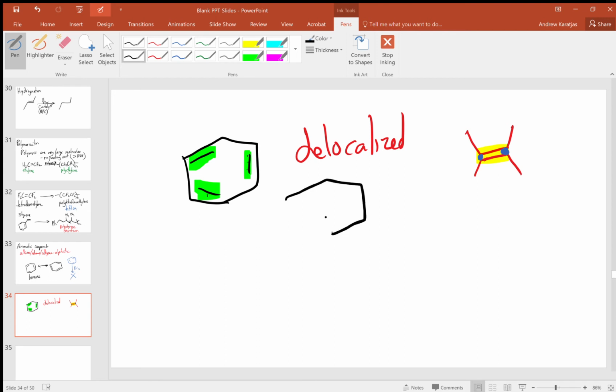And those 6 electrons, and sometimes we draw benzene in this way, to designate that those 6 electrons are shared by the entire ring. And one of the ways that chemists were able to prove that, in addition to some of the things that we said about the reactivity of benzene, is the following.